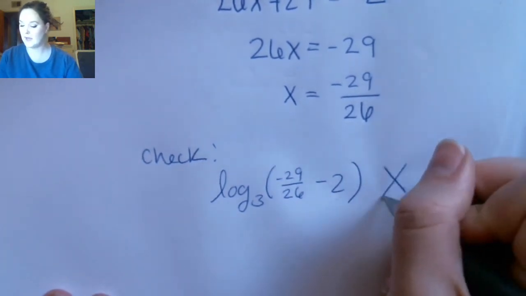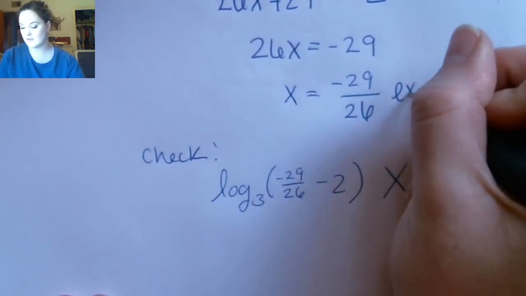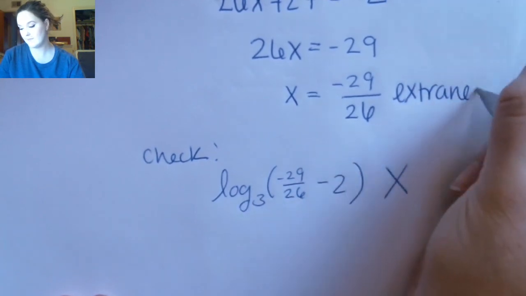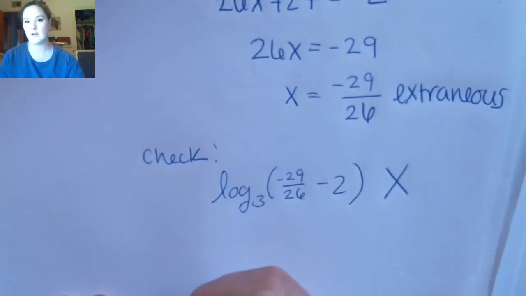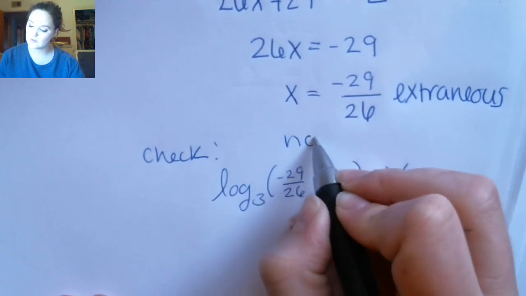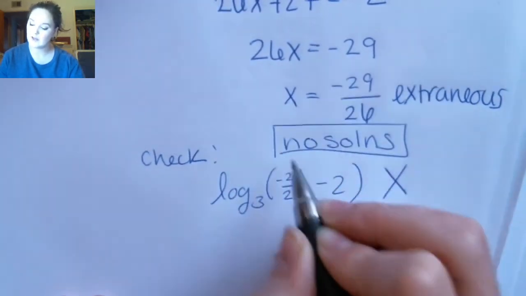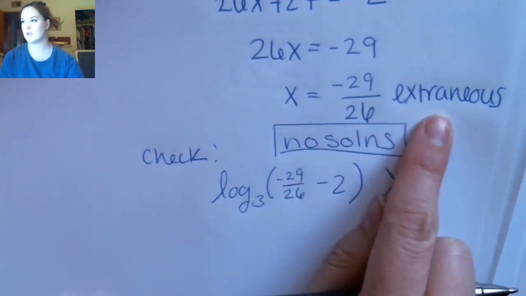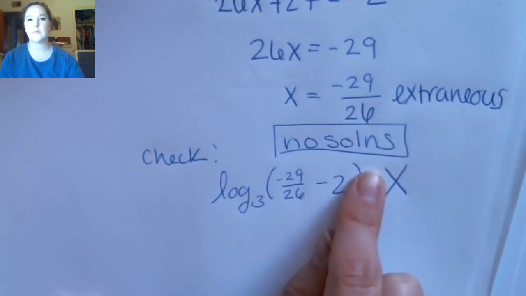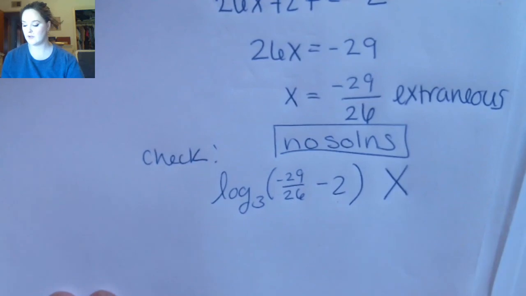So this is bad. This is an extraneous solution. So that means there are no solutions. If your only candidate solution turns out to be extraneous, that means there's no solutions to your equation. Let's go over one more like that.